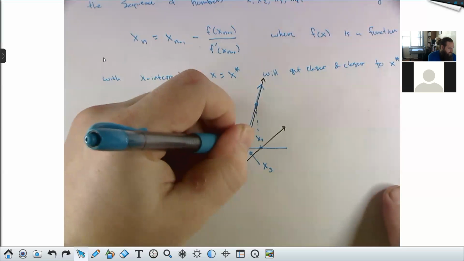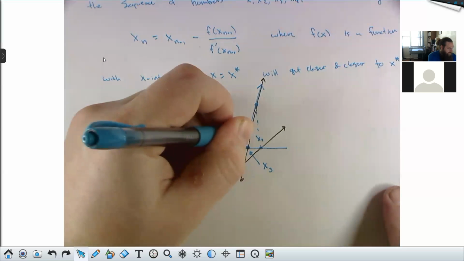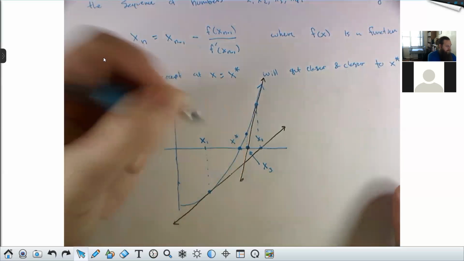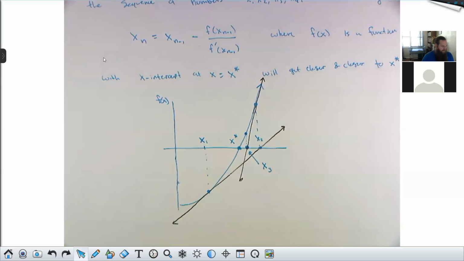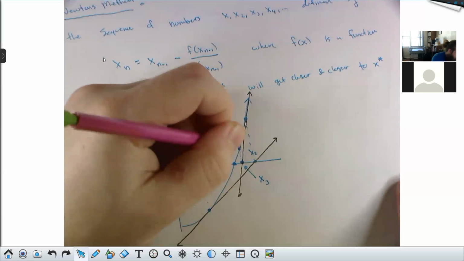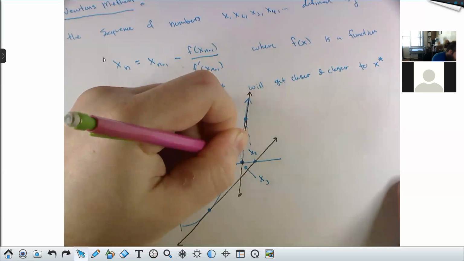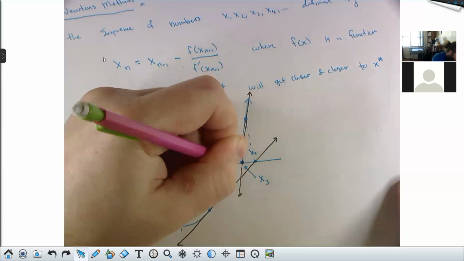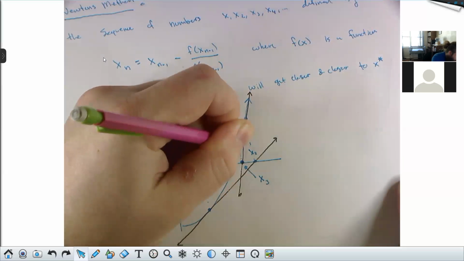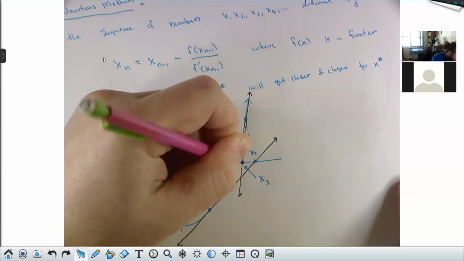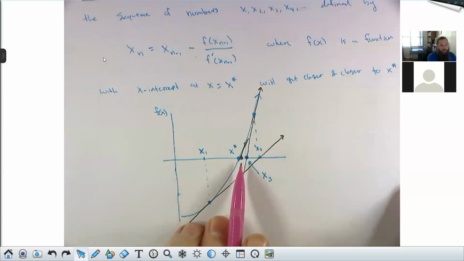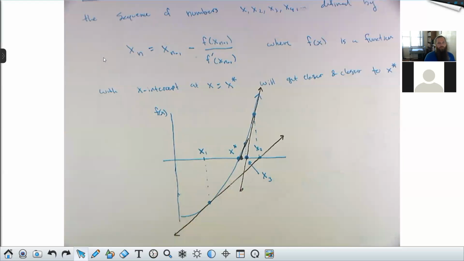x4 isn't in this picture, because the picture would get cluttered, but I would come up here at x3, construct the tangent line, and see where that tangent line hits. We won't even be able to differentiate it from the original, x4 would be right here, where that next tangent line hits the x-axis.